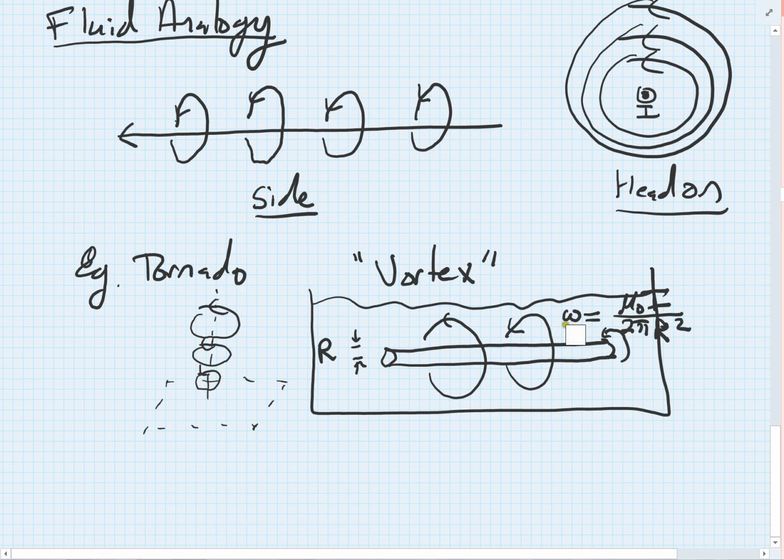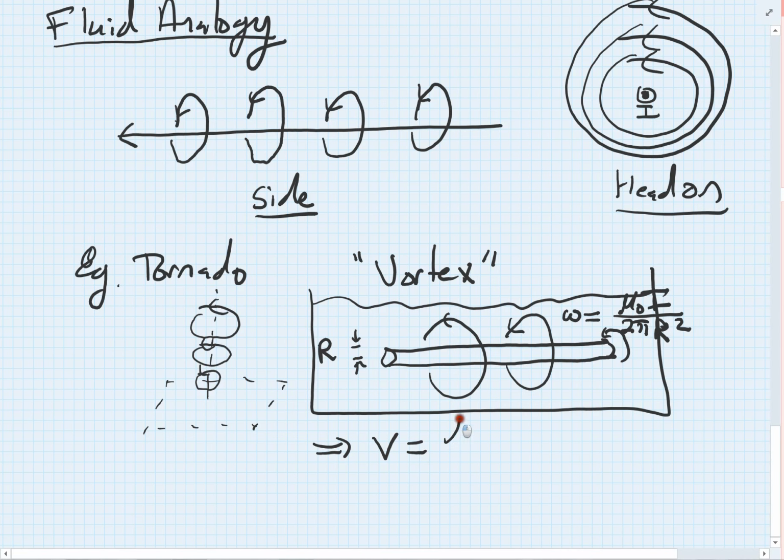And if you choose for your wire to rotate at an angular frequency that is numerically equal to this formula in terms of the current, divided by the radius of the wire here in the fluid world, what you end up with is a velocity flow, V, that matches exactly numerically the value of the magnetic field.